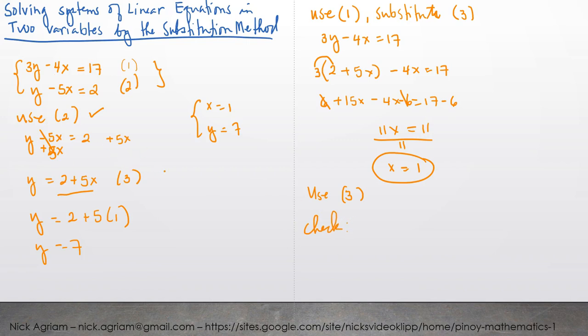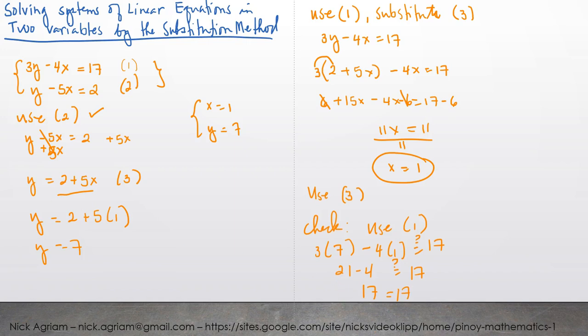Since we used 3, which came from 2, then we can use 3 times 7 minus 4 times 1. Is that equal to 17? The question mark above is just a question. And then we have 21 minus 4. Is that equal to 17? Yes, 17 is equal to 17.